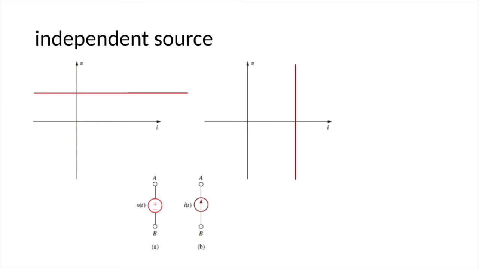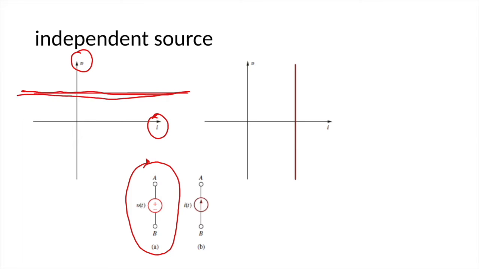This figure shows the VI plot. V is the voltage, I is the current. These plots are very common in our textbook. For example, figure A is the independent voltage source. We can see that the voltage stays constant no matter whether the current is large or small.